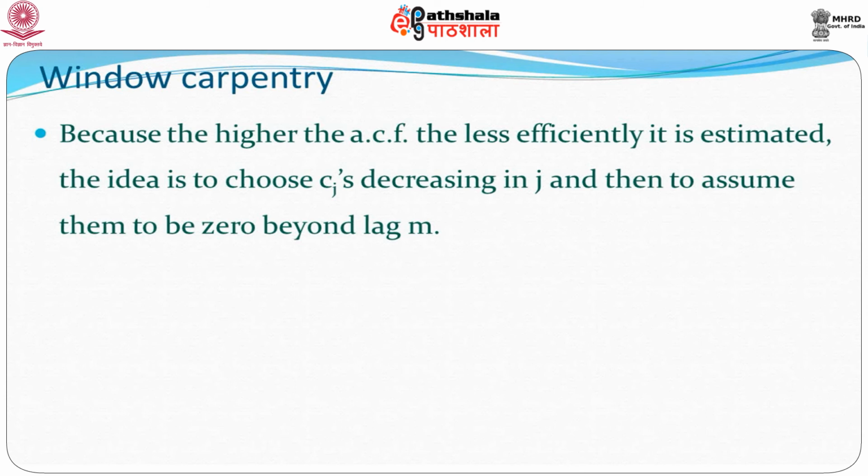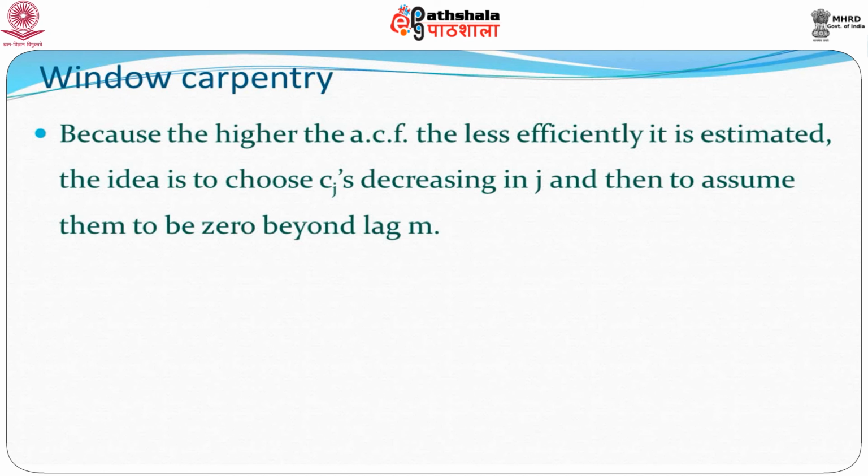So, the higher the order, the less efficient the estimator. In that case, you should be putting less weight on this, and also the higher lags have less effect, because as you move further away from each other, there will be less correlation and less weight is put.